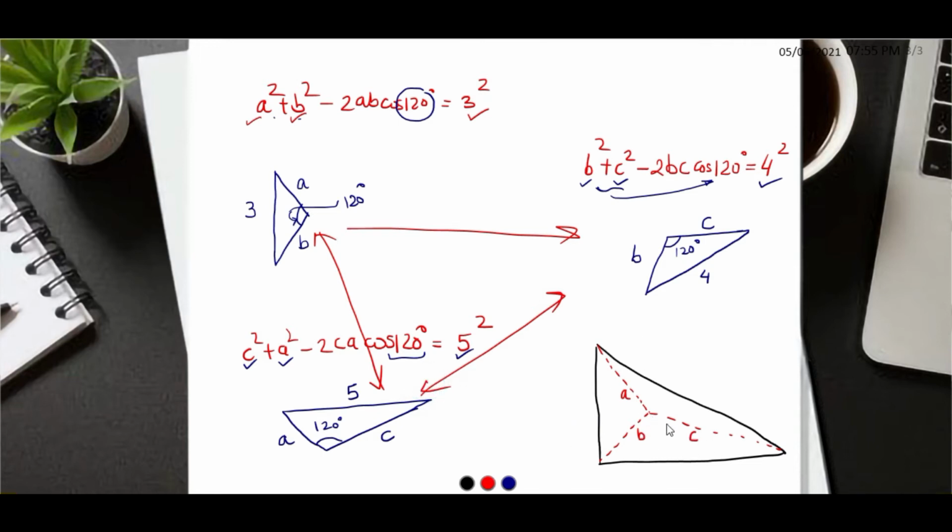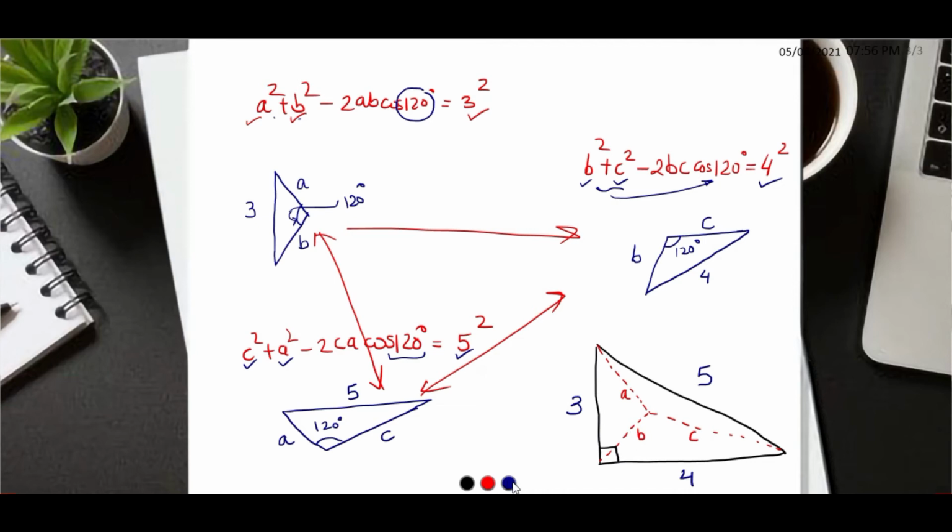So if A, B and C are joined like this, this will be 3, this will be 4, and this will be 5. Now notice that 3 square plus 4 square is equivalent to 5 square. So using the converse of Pythagoras theorem, we can claim that this is a right angle triangle. So now the question is, how do we determine A plus B plus C whole square?